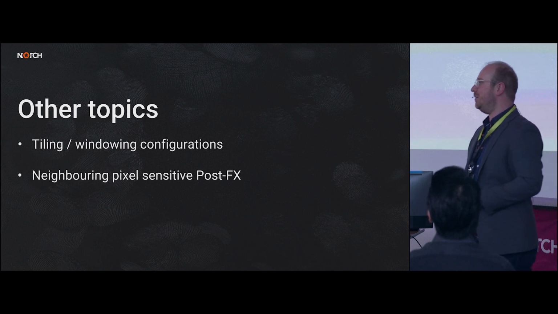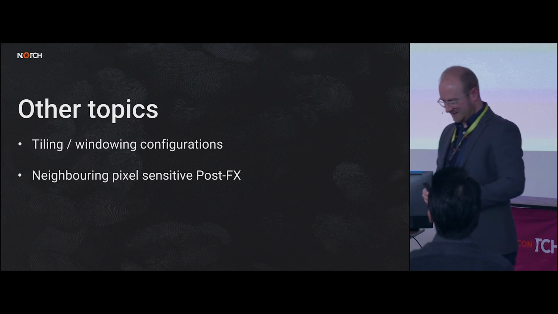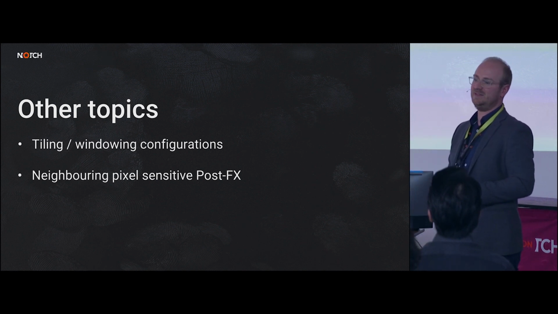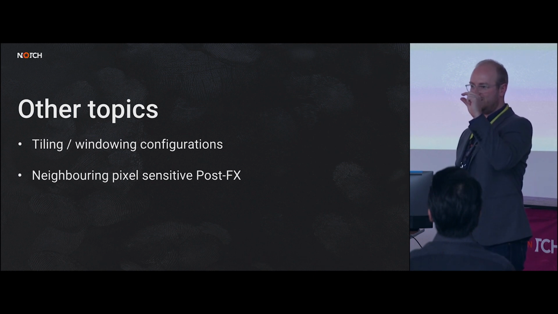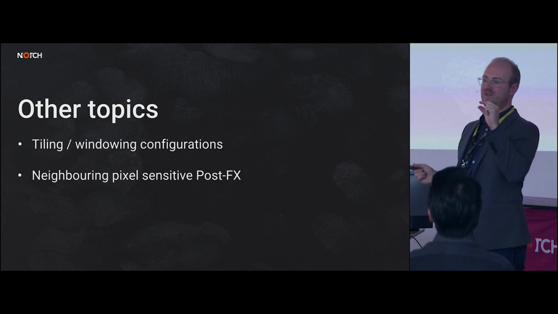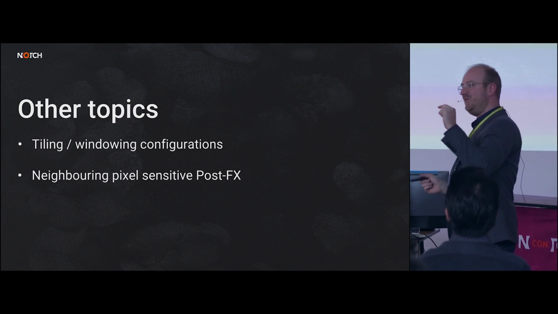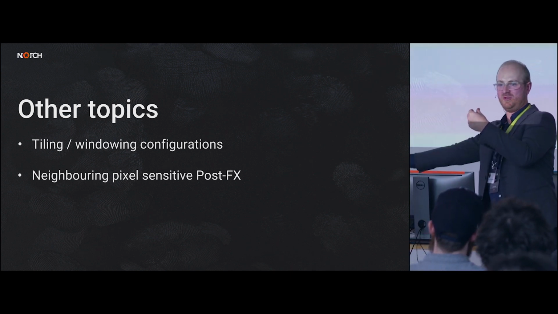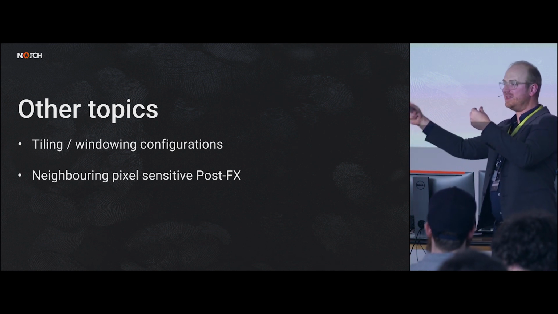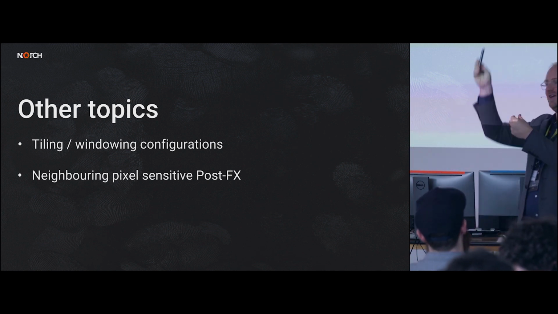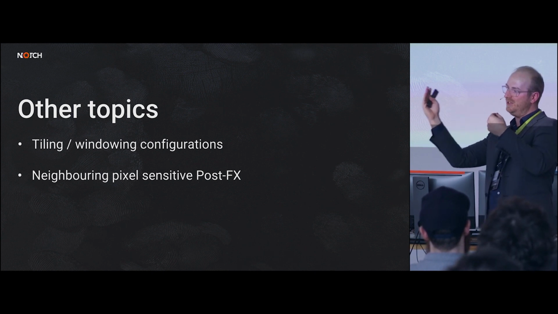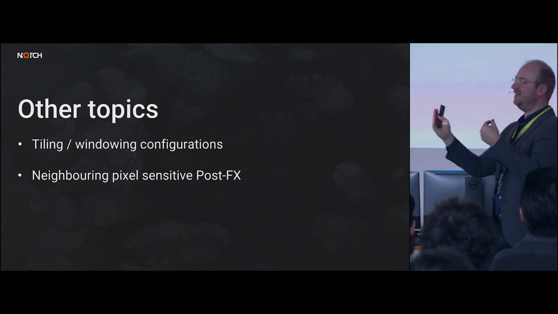There's also neighbor pixel sensitive effects. So, for example, a blur at any given pixel is a function of all the pixels that surround it. But if you are at the edge of the canvas, what do you do about the pixels which are rendered on the next machine? Well, there are ways to get around this. You can add a safety boundary on the end, the size of your kernel, so the blur doesn't overlap the end of that.